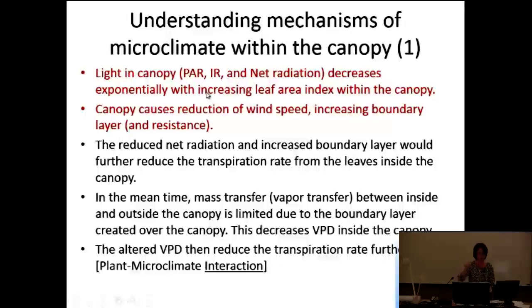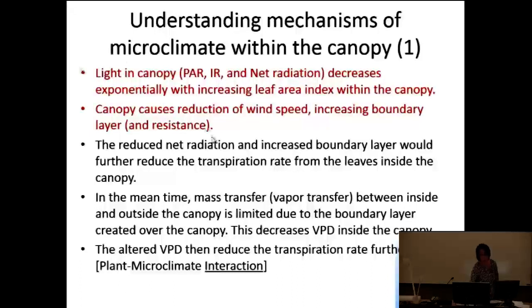The first thing, the light in the canopy decreases exponentially with increasing leaf area index, or increasing depth within the canopy, right? When we are talking about transpiration, the focus point is net radiation rather than PAR. But the light in general declines when you go deeper and deeper in the canopy.